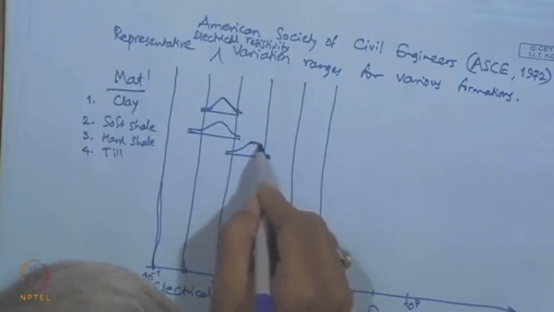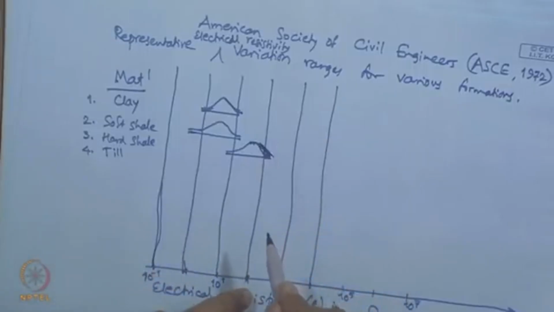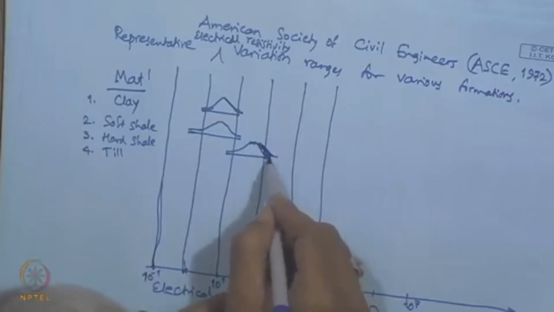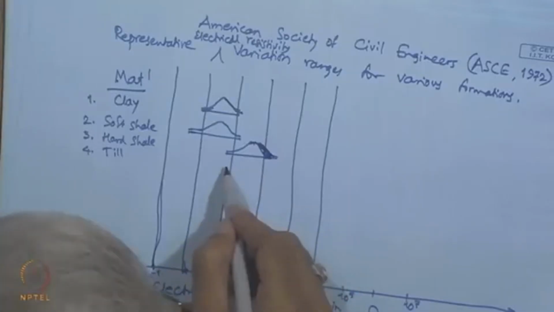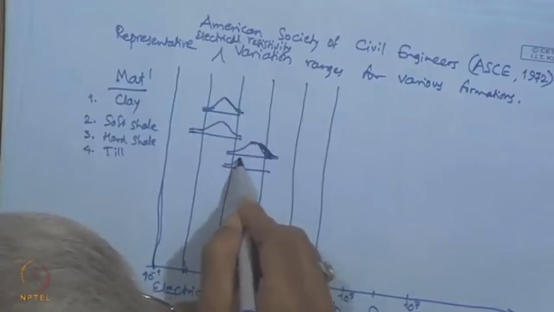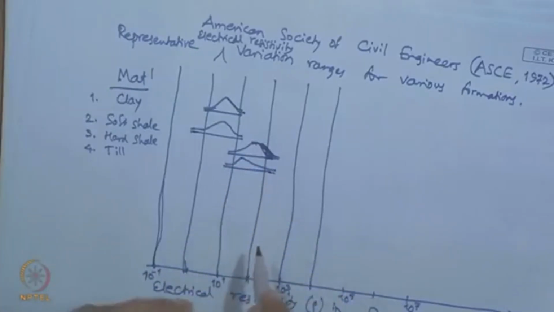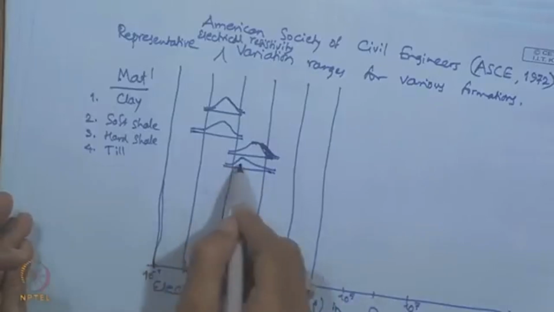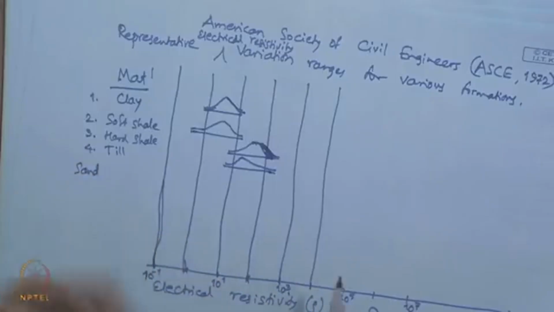In case of hard clay, it will show 10 to the power 2, and till will show a variation which is skewed to the left, followed by sand.